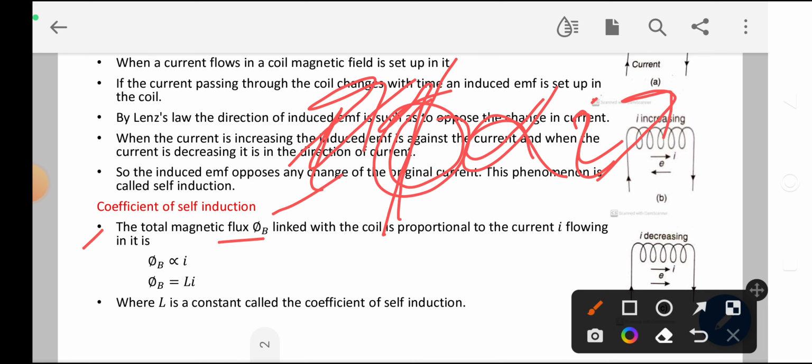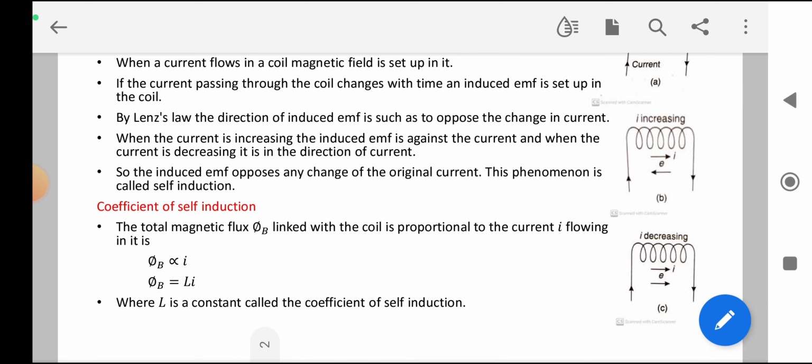If the flux is low, the current is also low. To remove the proportionality, write an equal sign and a constant, and that constant is L. This L is called the coefficient of self-induction. So phi equals L I. Don't forget, phi equals L I.